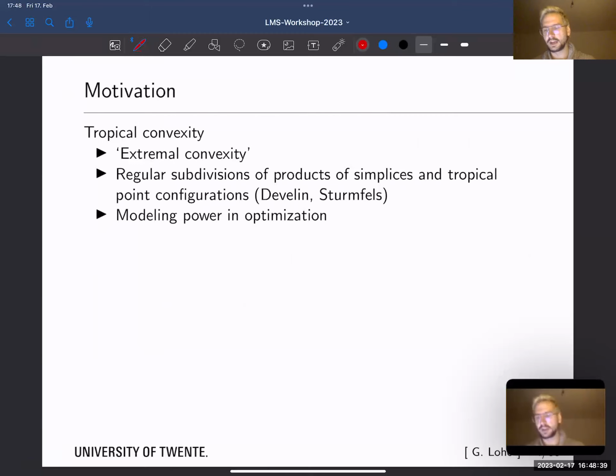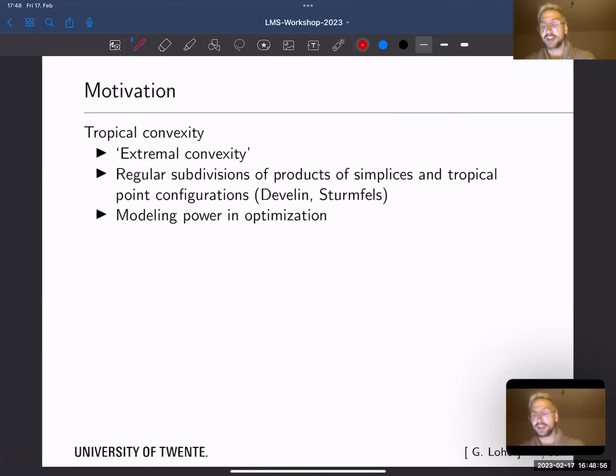And just to go back a bit in the history, tropical convexity, I assume familiarity with tropical geometry at this workshop, but maybe let's go a bit more in the direction of tropical convexity.